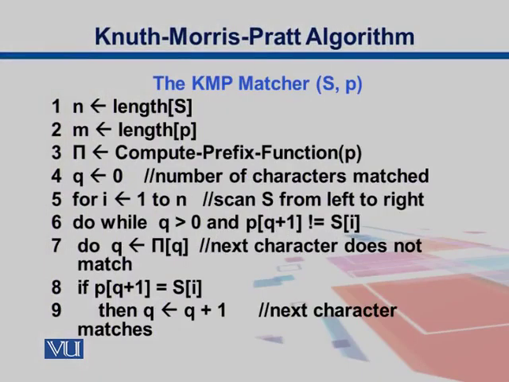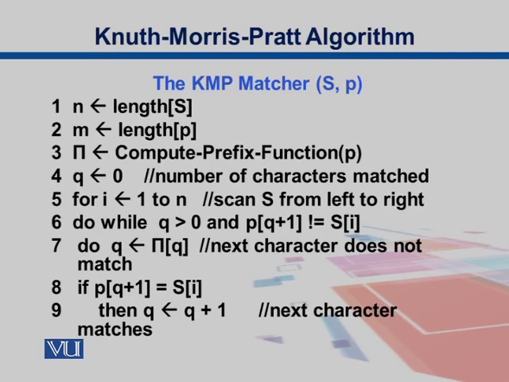So in case of the matcher, we have already computed this prefix function, and we start with n, which stores the length of s, that is the string. m stores the length of p, and we take a variable q that stores the number of characters matched.